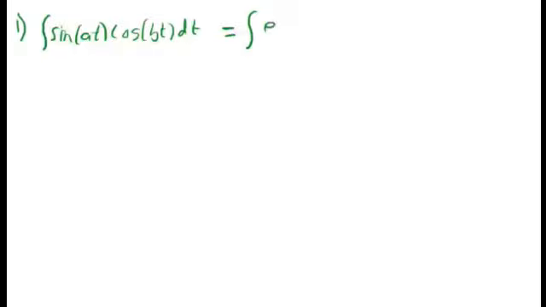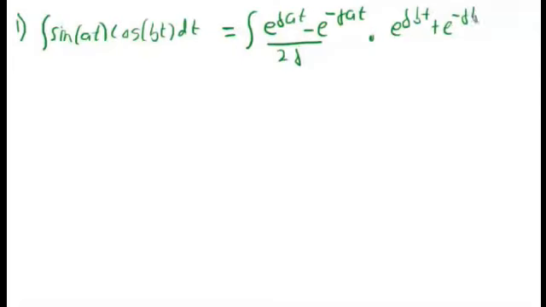Sine becomes e to the j at minus e to the minus j at, all divided by 2j. Cosine becomes e to the j bt plus e to the minus j bt, all divided by 2, and we multiply by dt. We multiply this out, we'll get 4 terms. We'll try to do it in a good order.